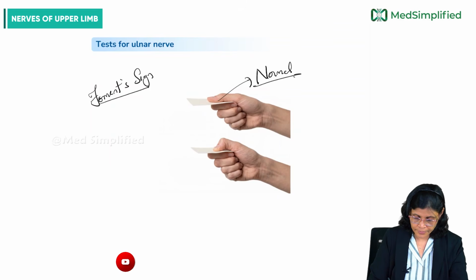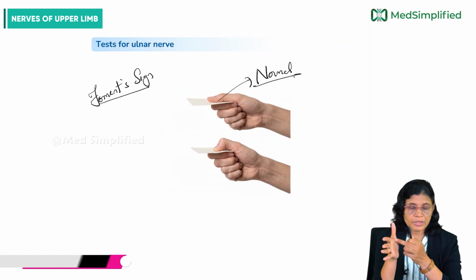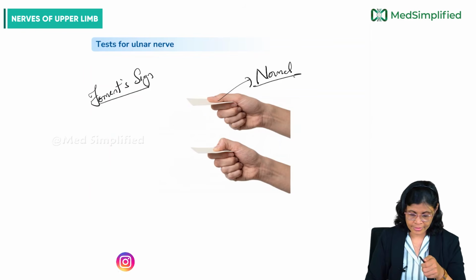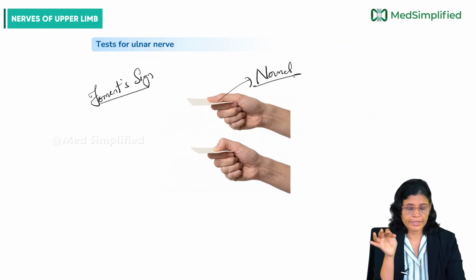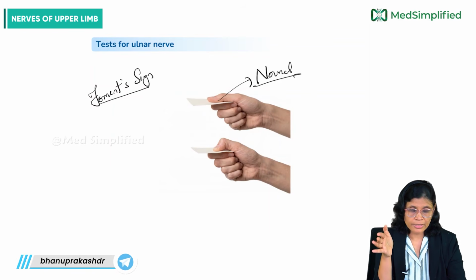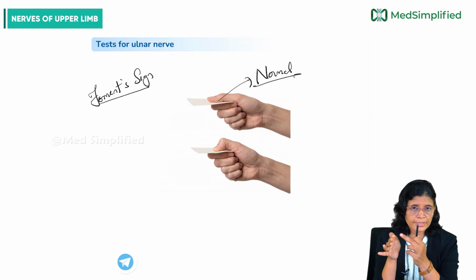When we hold like this between the index, which muscle is acting here? The adductor pollicis of the thumb. So that should bring it closer here, when we try to hold like this. But here what will happen, because the adductor pollicis is paralyzed, there is no power here. So to hold the card, what will happen? The thumb will flex here.